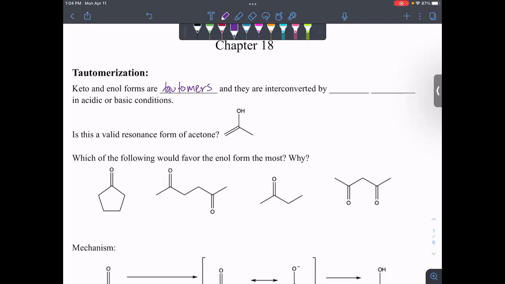But how do you go from keto to enolate? Yes, a base is going to do the proton transfer. So you go in between tautomers by transferring a proton. And that can be acid or base catalyzed. Yeah, it could be both.